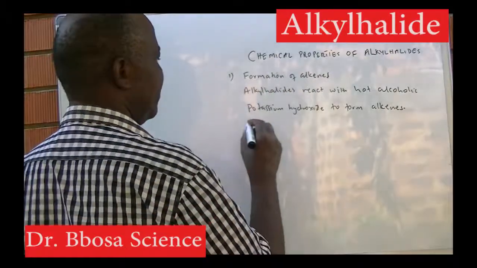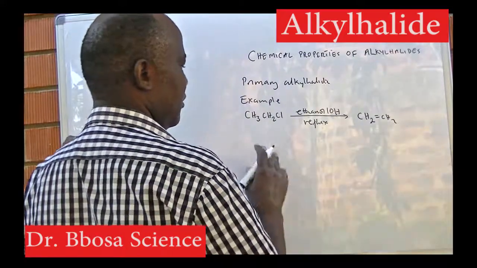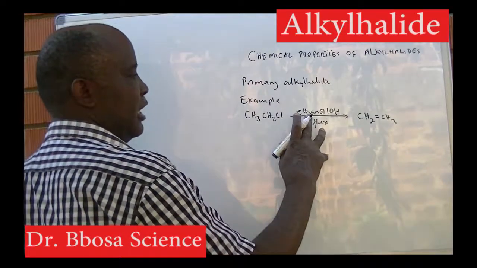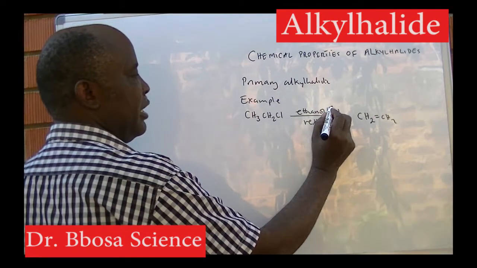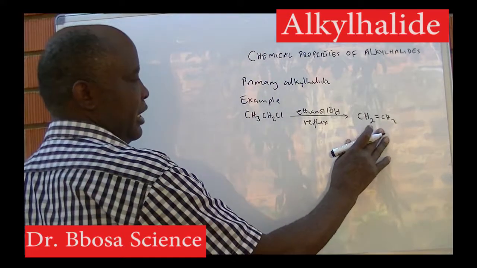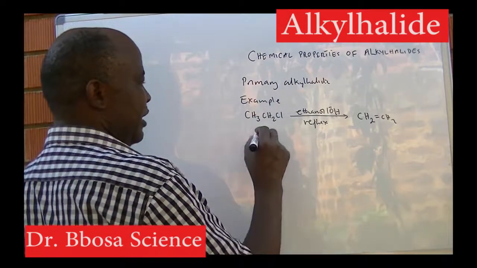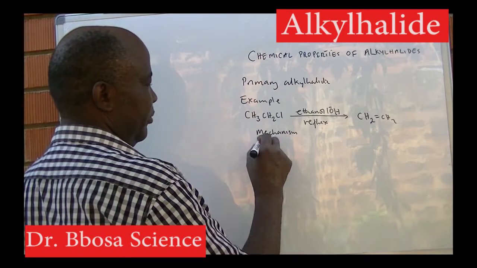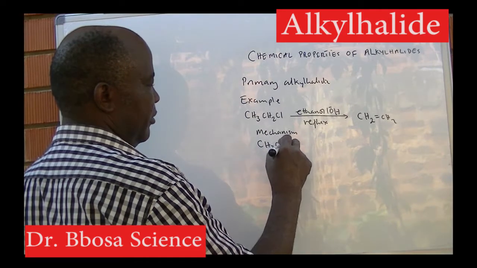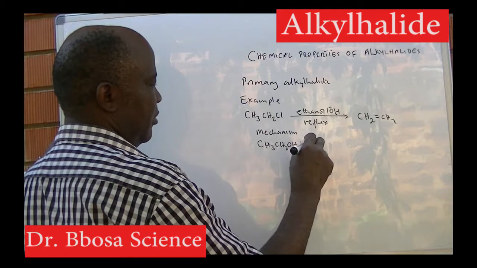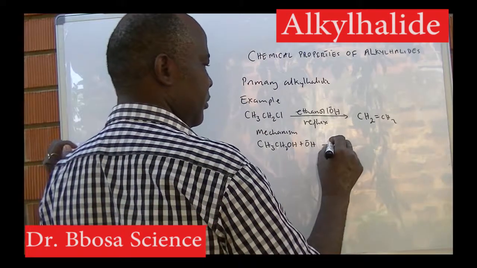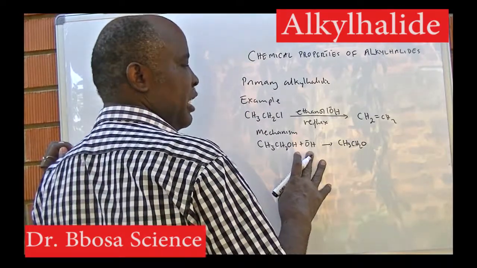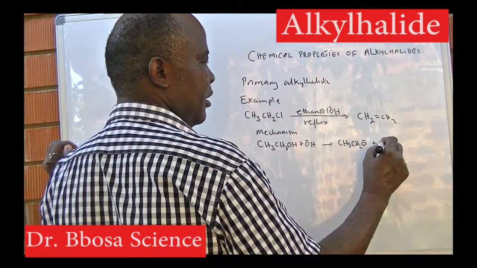Example: chloroethane. You reflux it with ethanol and potassium hydroxide, you get ethene. Mechanism: ethanol plus potassium hydroxide, you get ethoxide ion plus water.